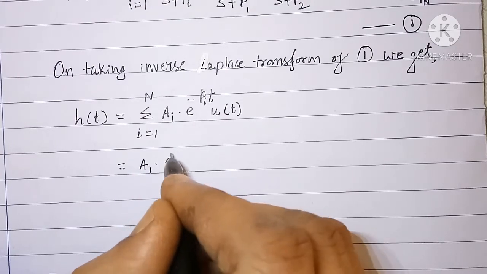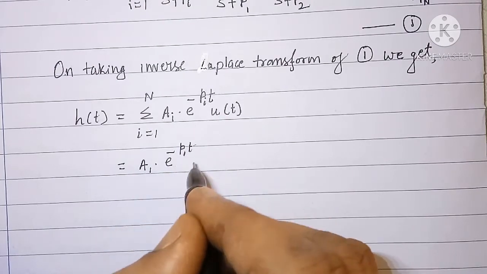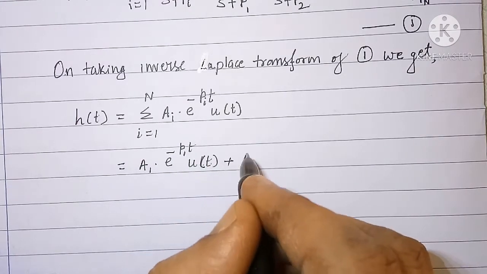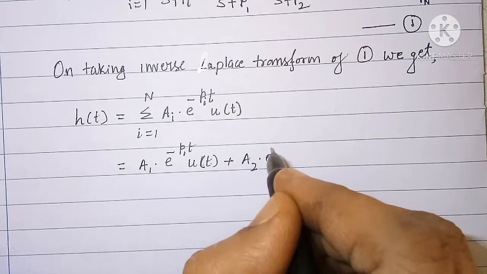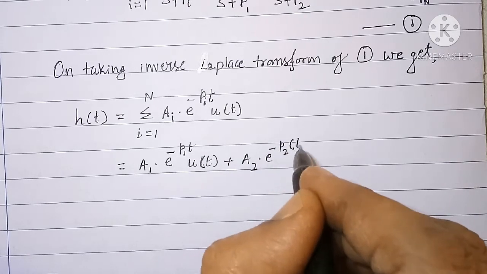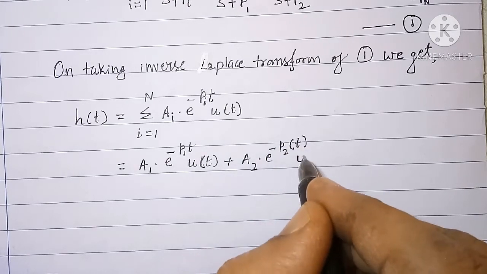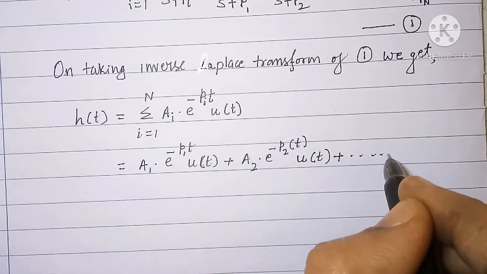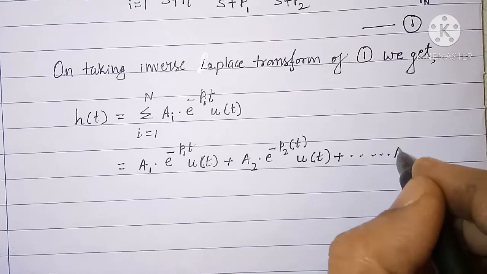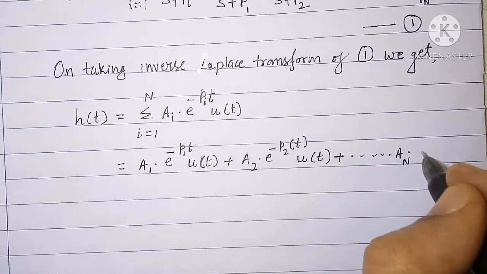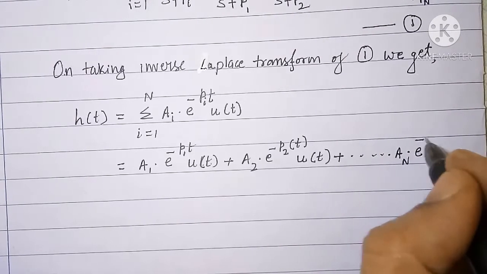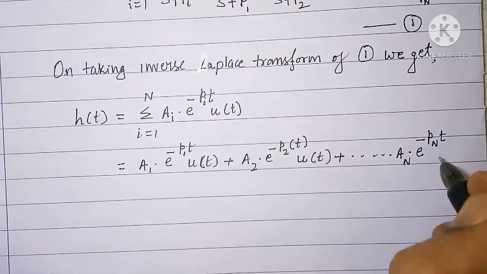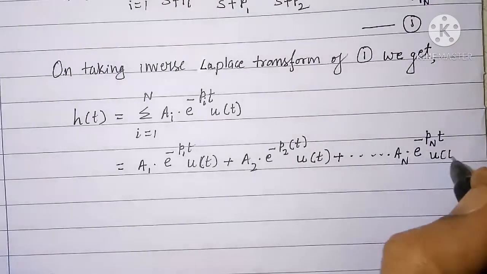a1 into e raised to minus p1t u of t plus a2 into e raised to minus p2t into u of t plus and so on up to an into e raised to minus pn t into u of t.